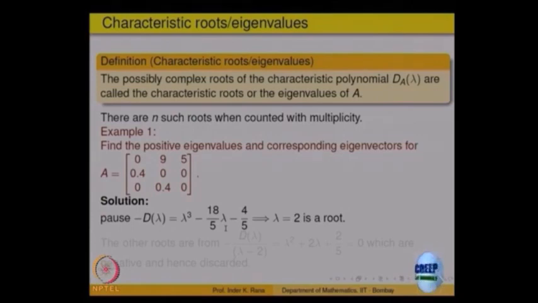Even for a 3 by 3 matrix, finding roots is not an easy job. There is no definite algorithm like for a quadratic. For a quadratic, b square minus 4ac divided by 2a gives you all the roots, real or complex, whatever it is. For a cubic, one does not know.